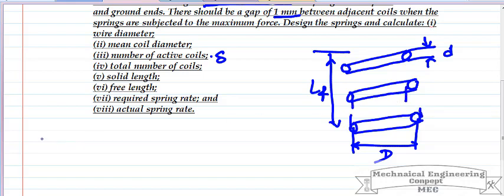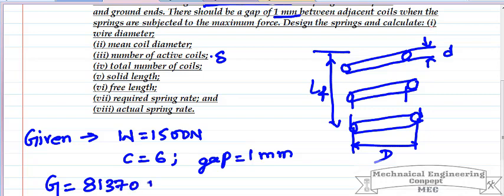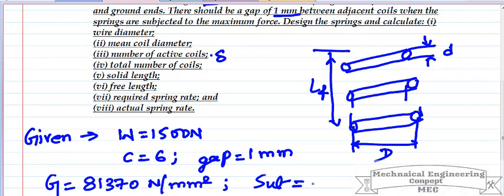So the given data in this problem is load W is 1500 Newton, spring index 6, gap between adjacent coils 1 mm, G is equal to 81370 Newton per mm square, SUT, the ultimate tensile strength, is given to us as 1200 Newton per mm square.